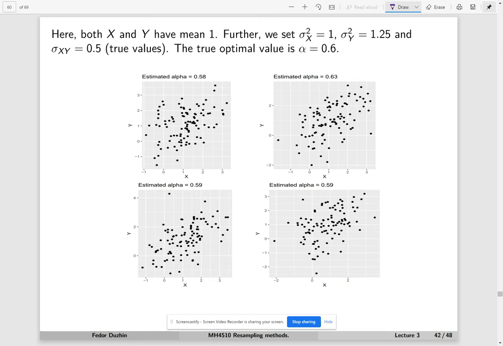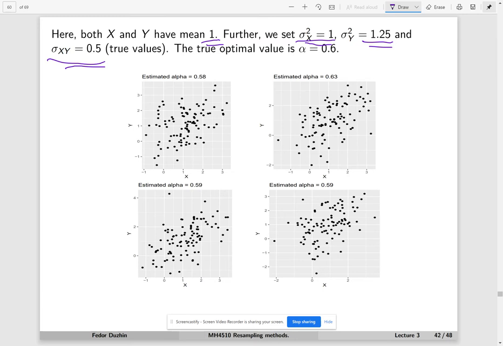So I generated x and y to have the same mean 1, the variance of x is 1, the variance of y is 1.25, and the covariance is 0.5, right? So now you can check by the formula that the true optimal value of alpha is 0.6. This is according to the formula from the previous part of the lecture, from part 7.